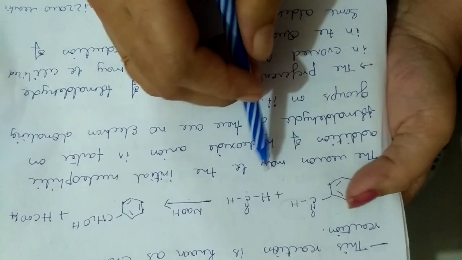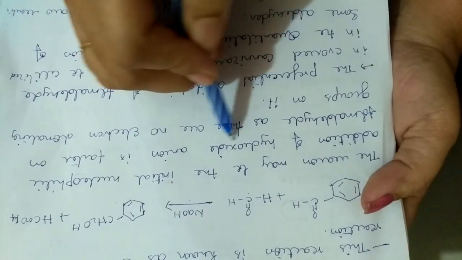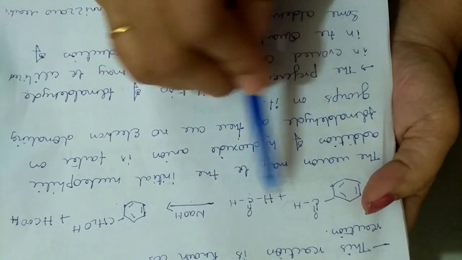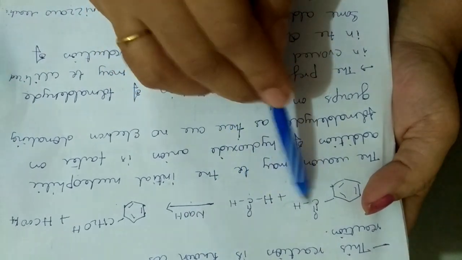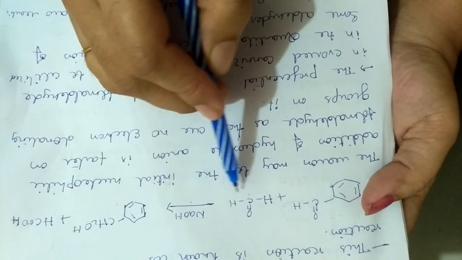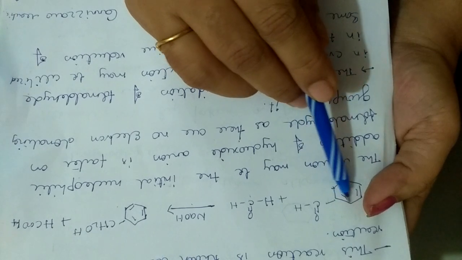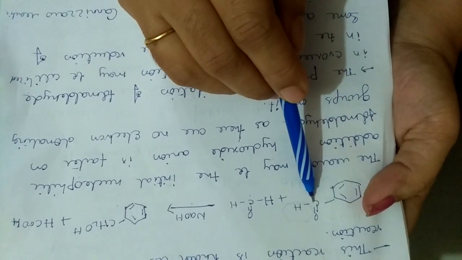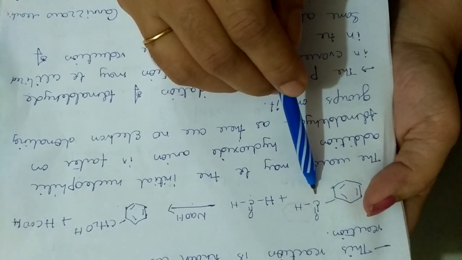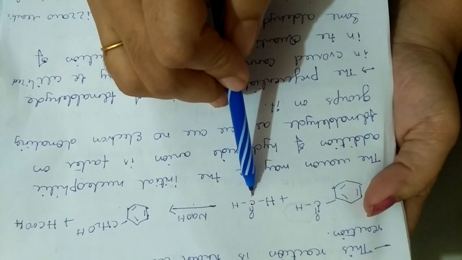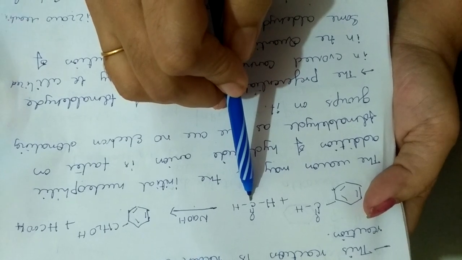The reason is the initial nucleophilic addition. I already told you, both the carbons are electropositive in nature, so they are both electrophiles. OH minus, which is a nucleophile, can attack both carbons, but this one is electron rich, so it will donate electrons to the carbon. That means the electrophilic nature will be a bit reduced in this carbon, but this one is more electrophilic in nature.